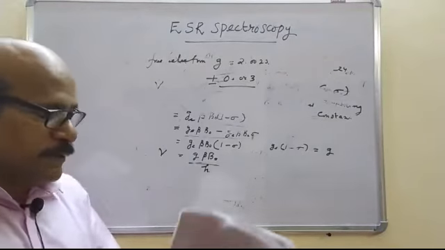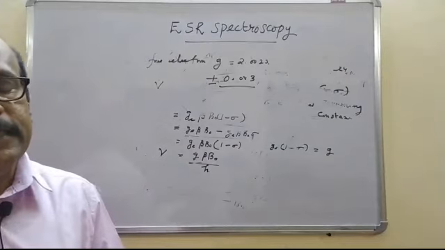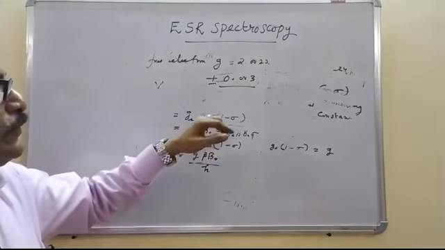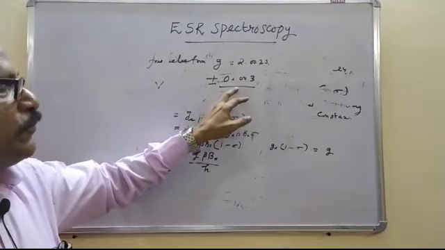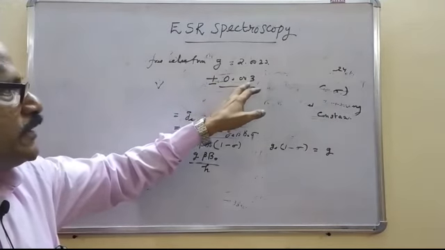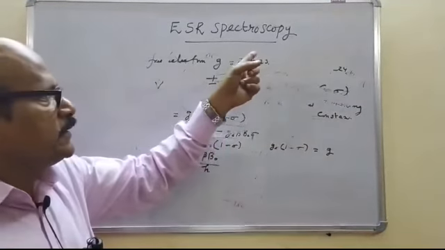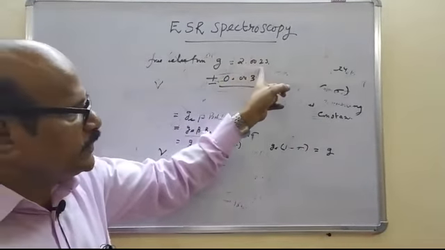So for an unpaired electron, the variation in the G value of most organic free radicals comes to be nearly plus or minus 0.003 only. So such a small variation is only from compound to compound from this standard value.